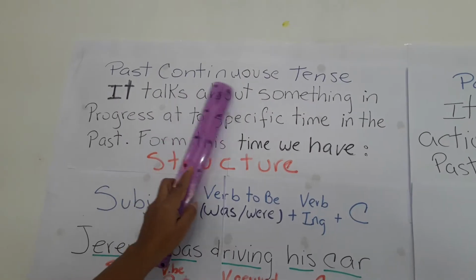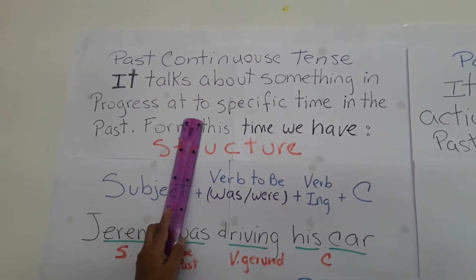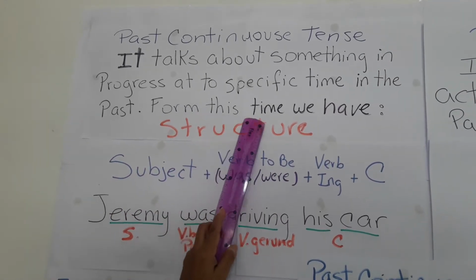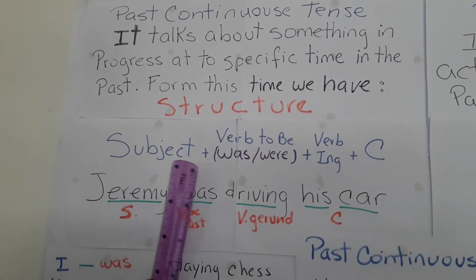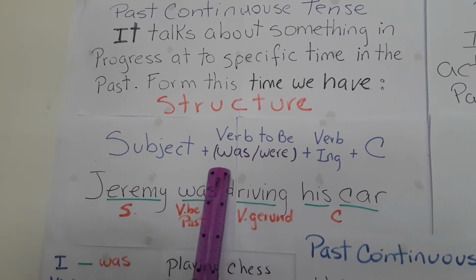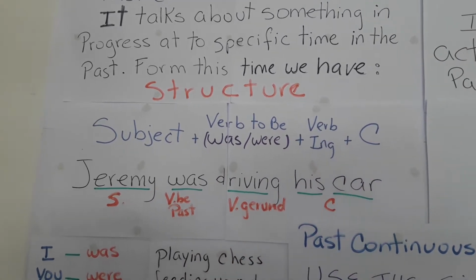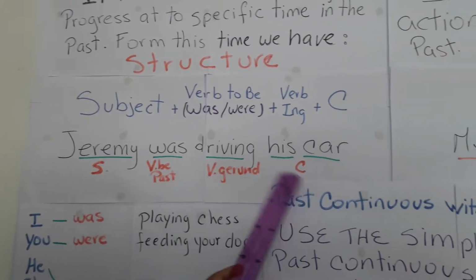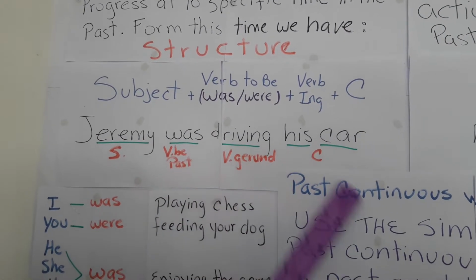Past continuous tense. It talks about something in progress at a specific time in the past. This time we have the structure: the subject, the verb to be, was and were, the verb in ing, and the complement. In this case, I have this example: Jeremy was driving his car.